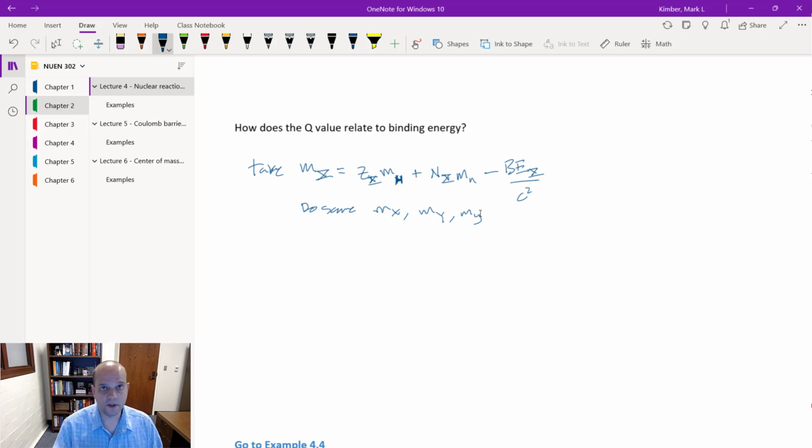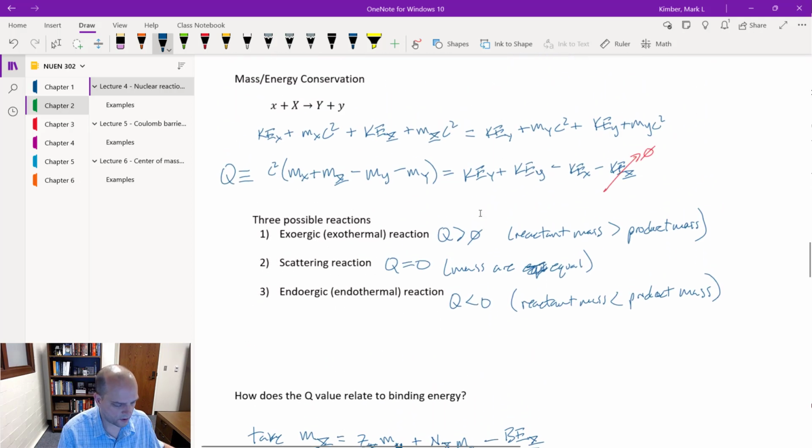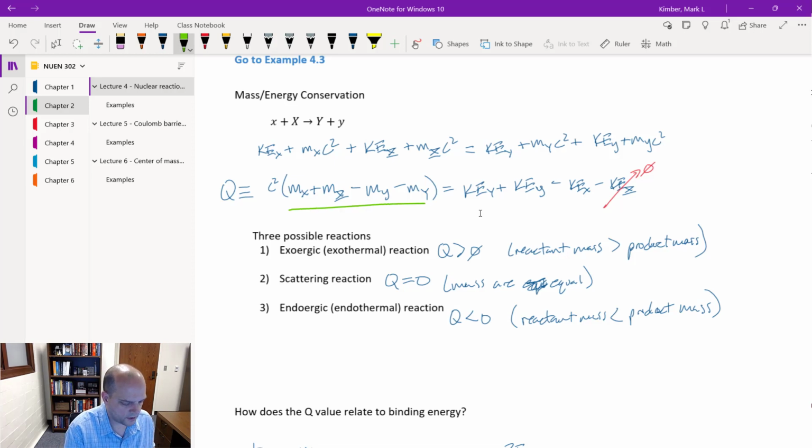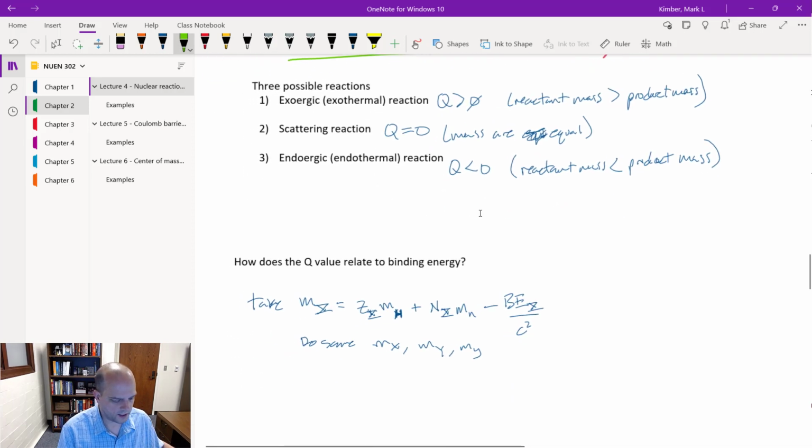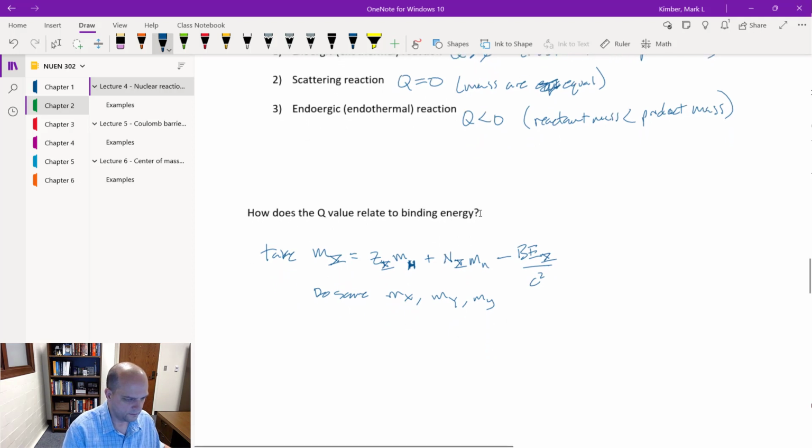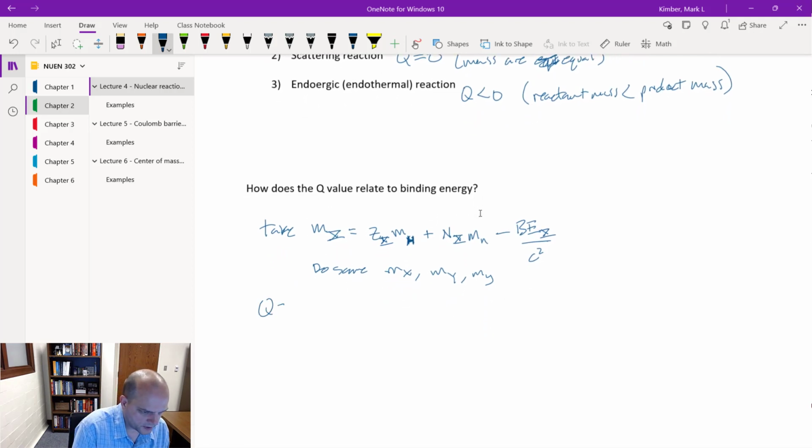Express them in terms of the number of protons, the number of neutrons, and then we got a binding energy. And so if we substitute that back in for values here, then I get that my Q value is going to be c squared times, I got the number of protons in my projectile plus the number of neutrons in the projectile minus that binding energy of the projectile.